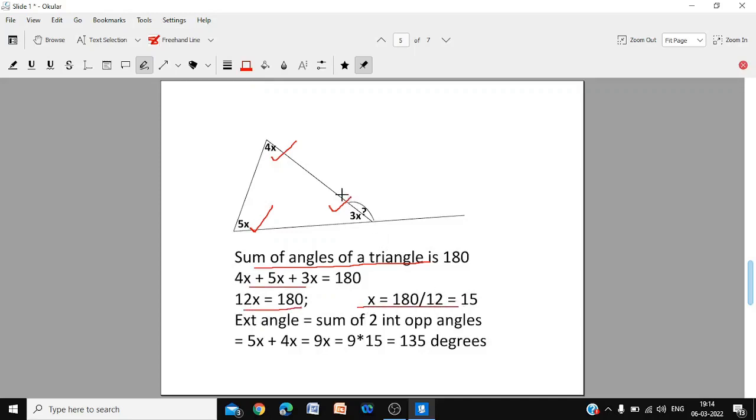Now, this exterior angle is equal to the sum of the two interior opposite angles. 4x plus 5x, this will be 9x. And 9x means we've already found x equal to 15. So 9x will be 9 into 15, that is 135 degree. So this angle will be 135 degree.